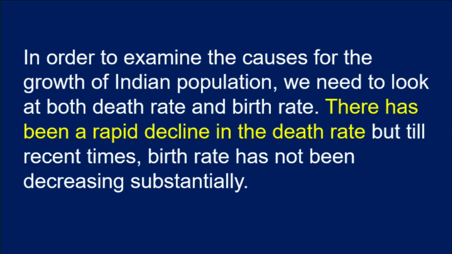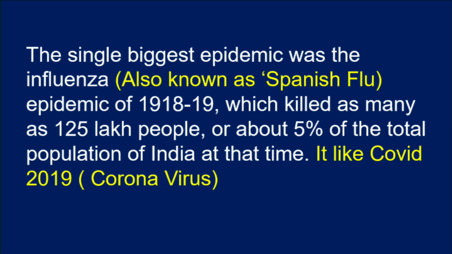The single biggest epidemic was the influenza, also known as the Spanish flu, which took place in 1918-1919. It killed as many as 125 lakh people, about 1.25 crore people died, which at that time was 5% of the total population.